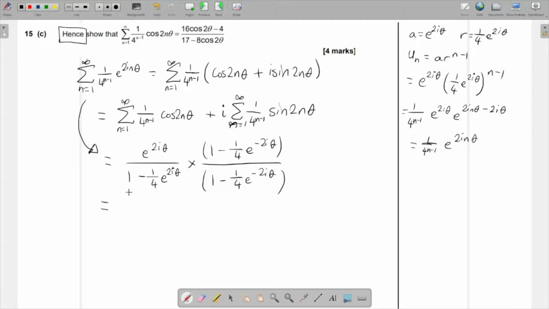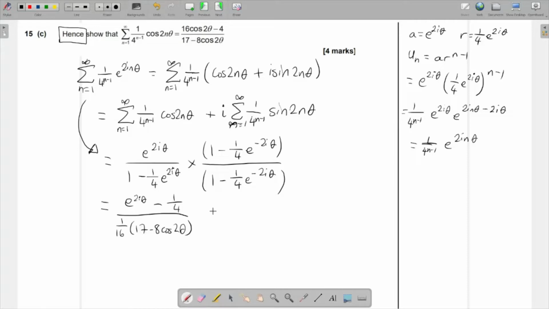So that would be e to the 2i theta minus a quarter at the top, and at the bottom we're going to write 1 over 16 times 17 minus 8 cos 2 theta.